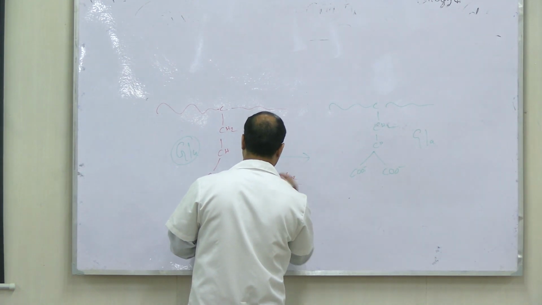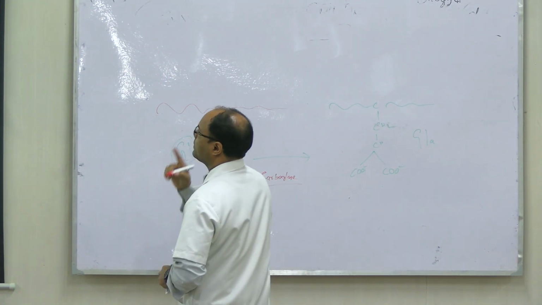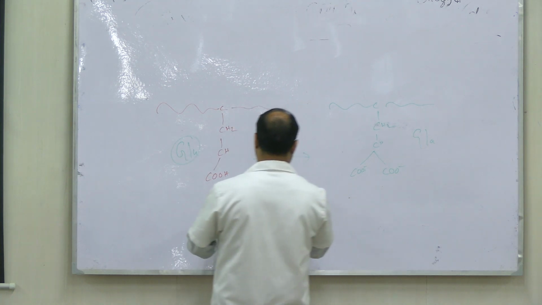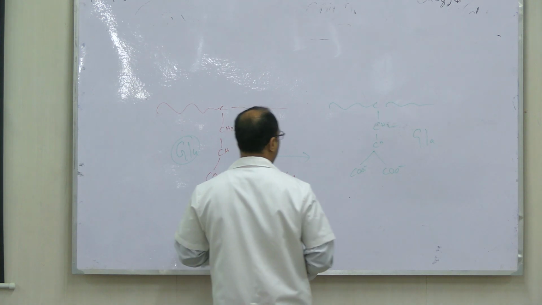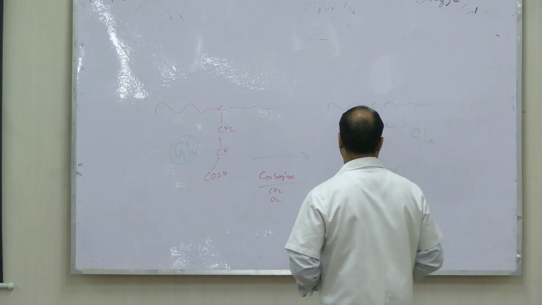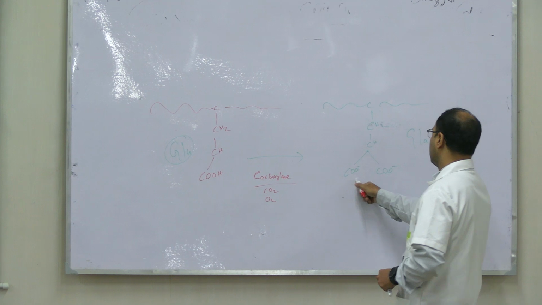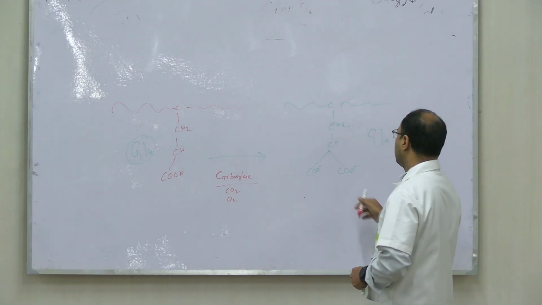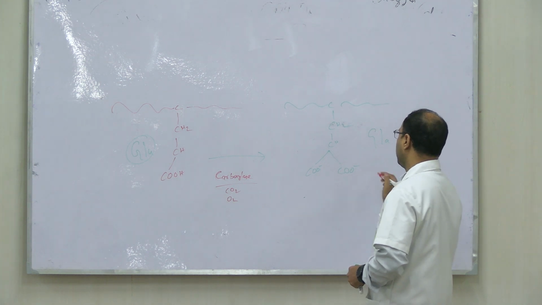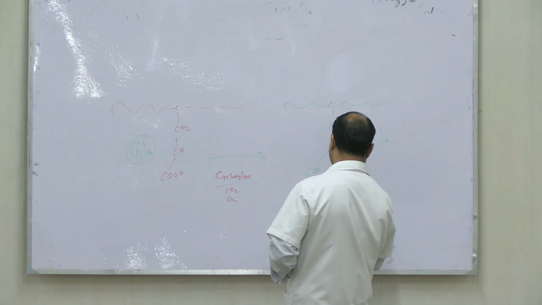This carboxylase enzyme requires carbon dioxide and oxygen, CO2, O2, and forms this. Here you see there are two COO minus. So these can both interact with calcium ion.